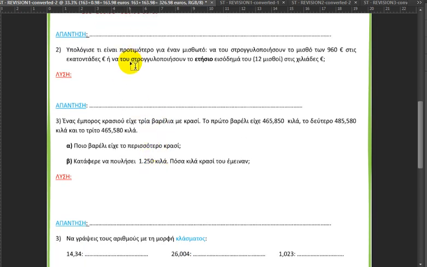Okay, so here we want to figure out what's better. Is it better to round up a person's salary to the hundreds, or to round up their yearly salary, which is 12 salaries, in the thousands?